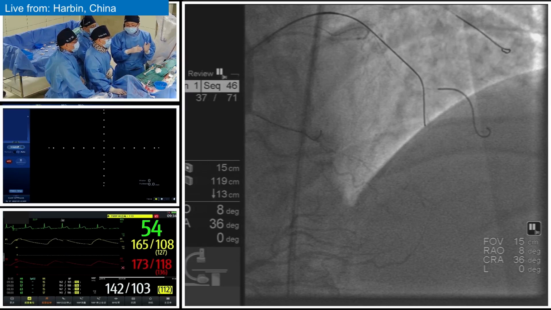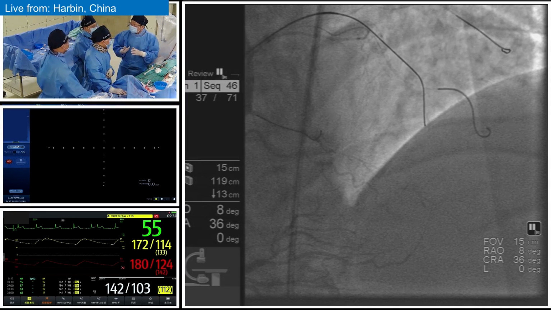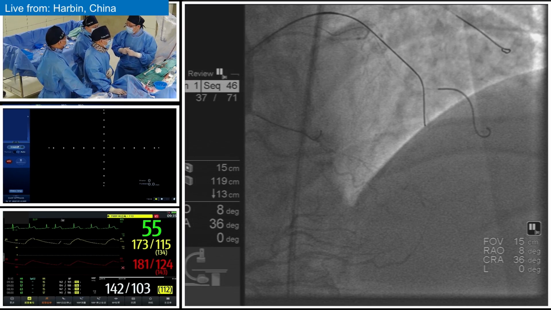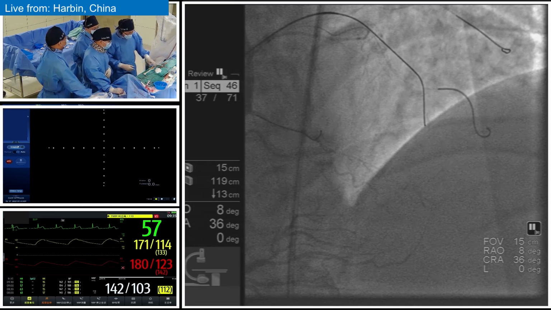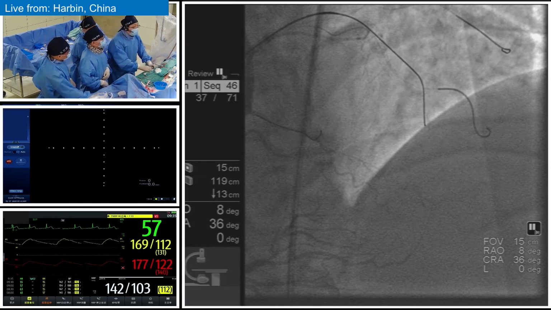So if we still try the integrated approach, because at first my strategy was to make the re-entry zone at the proximal portion of the diagonal branch, otherwise, when we recanalize the LAD, we may lose the diagonal branch. At present, I think we should switch to the retrograde approach.